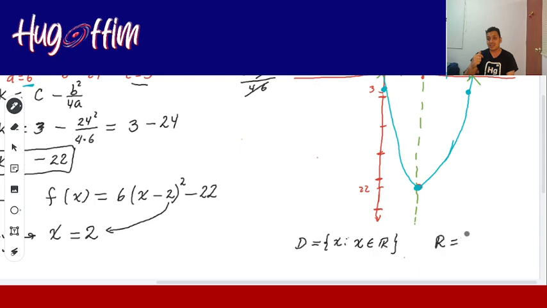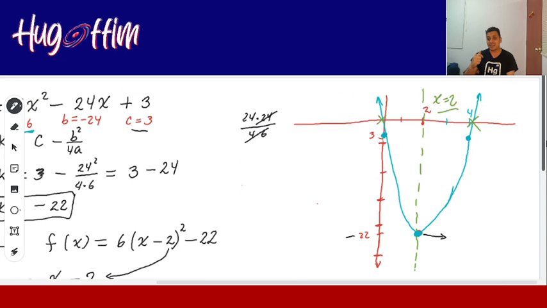And the range, so it's all the possible values of y. Obviously they are real, but take into account the y-intercept. Oh my god, I think I did it wrong, because I put it at -3, not at +3. But let's change it.